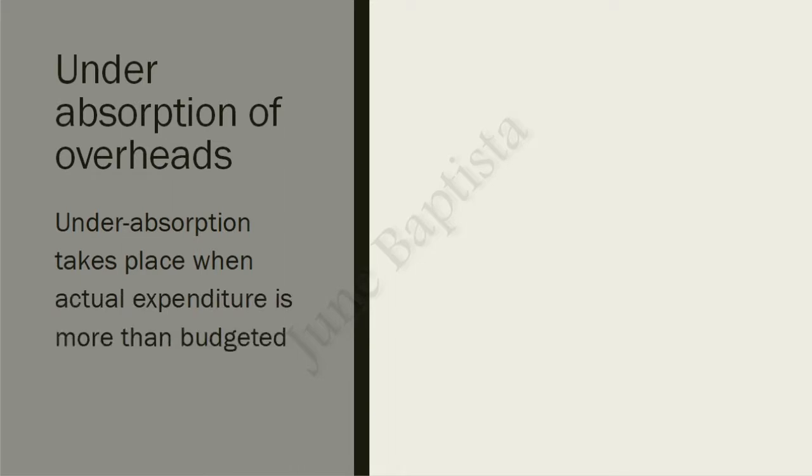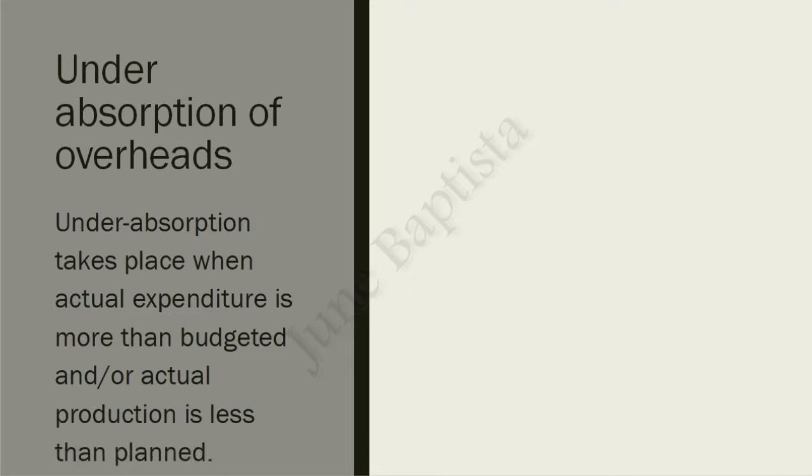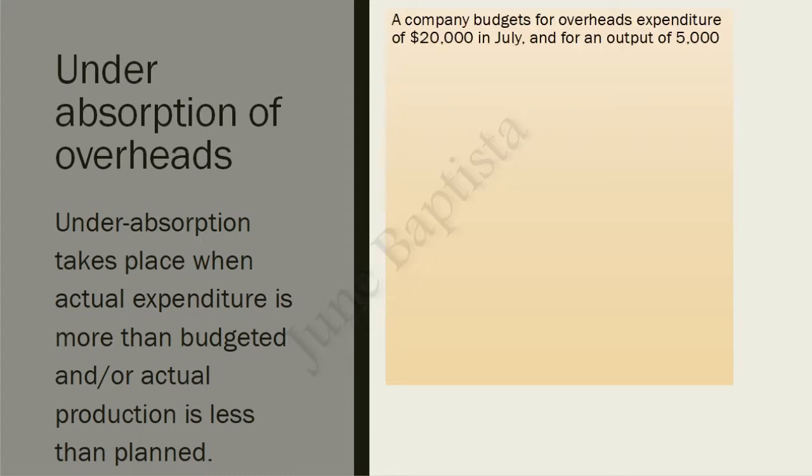Under absorption of overheads. Under absorption takes place when the actual expenditure is more than budgeted and/or actual production is less than planned. Let us look at the same example. A company budgets for overhead expenditure of $20,000 in July and for an output of 5,000 units. The budgeted OER is $3 per unit.